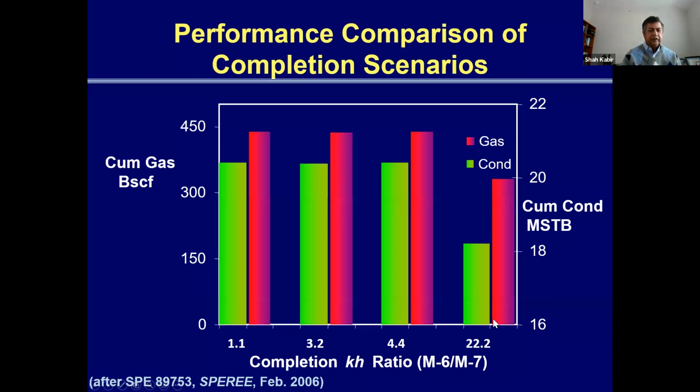However, when the KH ratio is that different, 1:22, then it matters. So in other words, when you are commingling the different reservoirs together in the same wellbore, what would be the total outcome of the system? You cannot just say, "Oh, I just perforated this interval or introduced this reservoir X into the system, and I'm doing okay." So it's not that trivial.